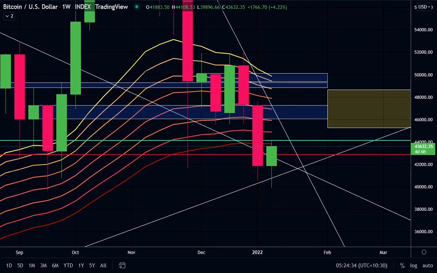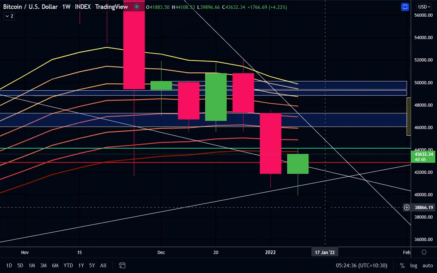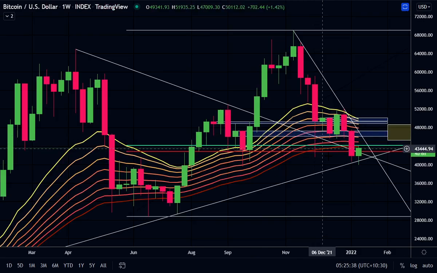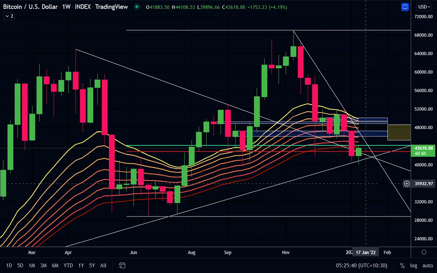But as we can see with this recent pump, we have come back up and clipped this EMA ribbon. So for me, we have done what we needed in this weekly candle for the time being. That potential downside to 35 is ruled out for now, unless we open any following weekly candles, open and close below this weekly EMA ribbon.